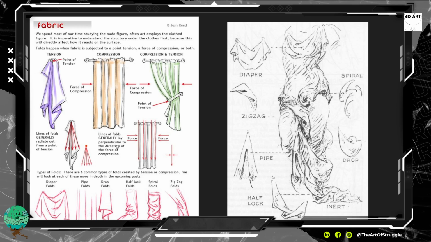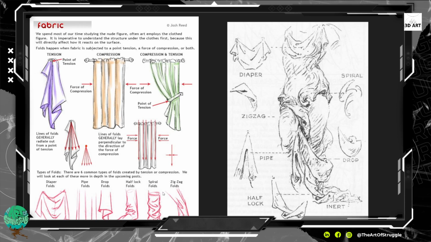They generally lay perpendicular, when you're talking about compression, to the direction of the force of compression. So you'll have an undulating kind of shape when it comes to curtains, right? It'll go in and out because of that compression, almost like an accordion, all right? So that's what happens when you have those forces acting upon that piece of cloth, all right?